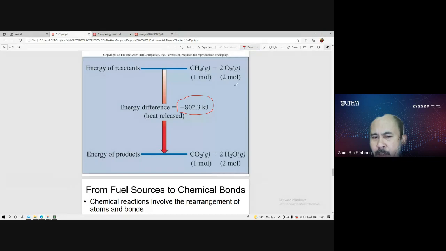This reaction gives you a product of energy, the energy that you use. But unfortunately, this reaction also releases CO2 and water. The one that you need is this energy. That energy will move the engine.